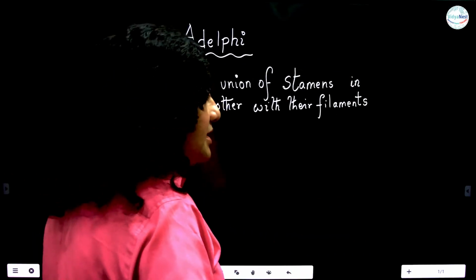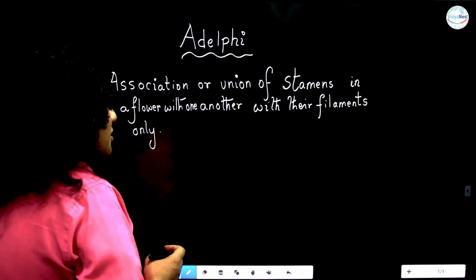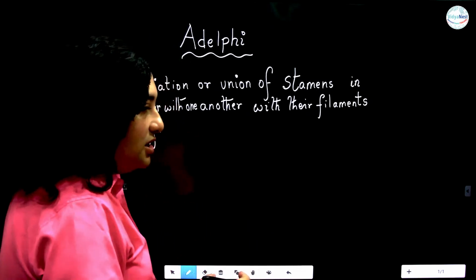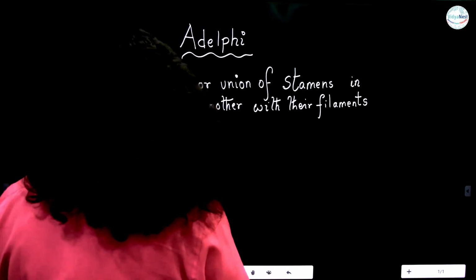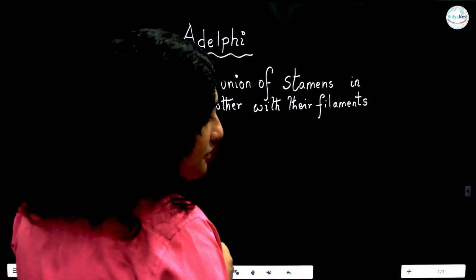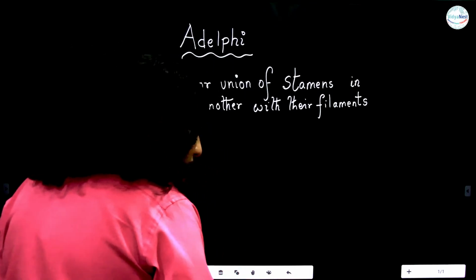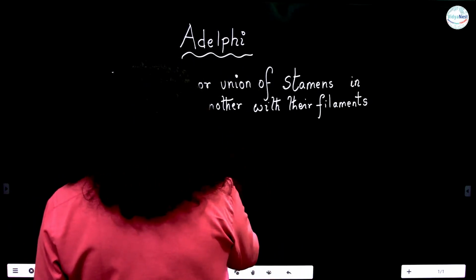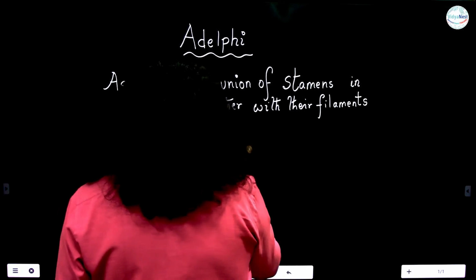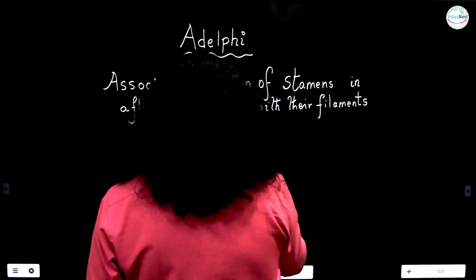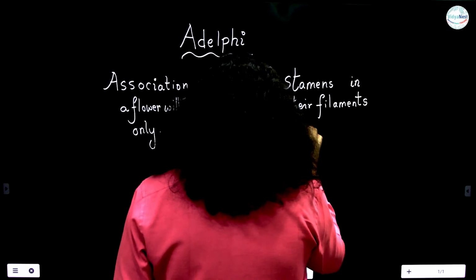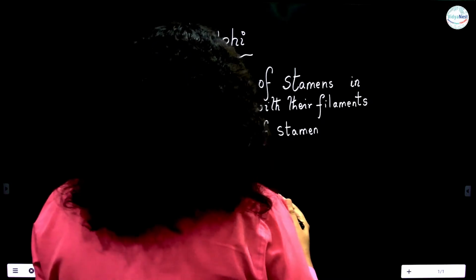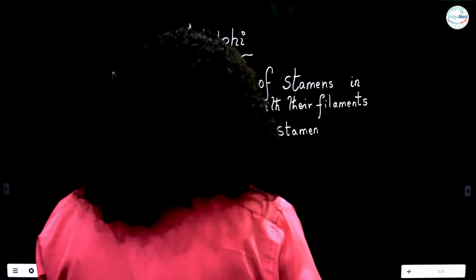In one word, we can say it is basically cohesion of the stamens. Cohesion means when the same type of floral leaves join with one another. If we talk about the stamens, we find that the stamens are joined with one another. In this way, the stamens are showing cohesion. With filaments only, that means the anthers are free in this case.